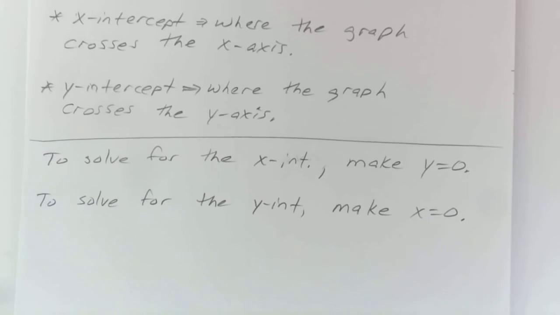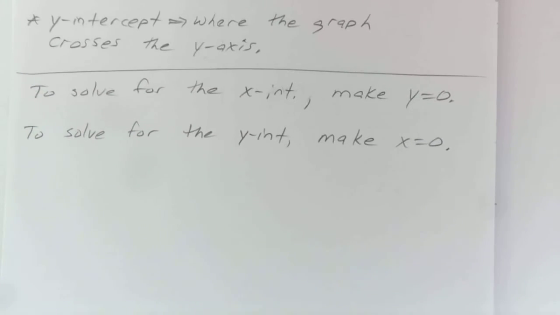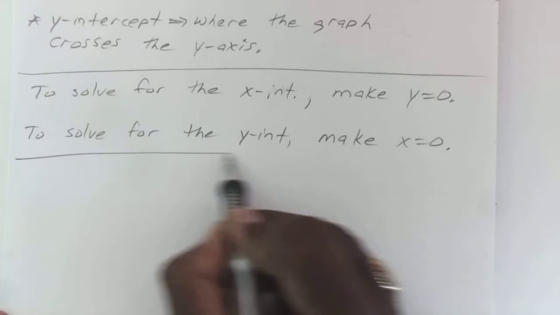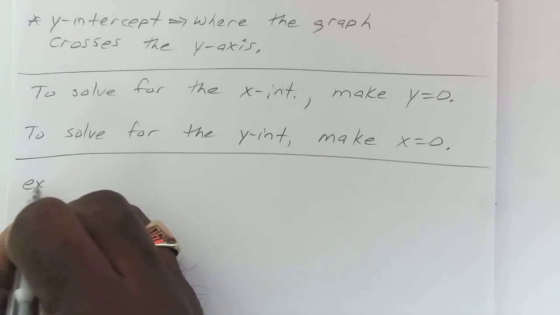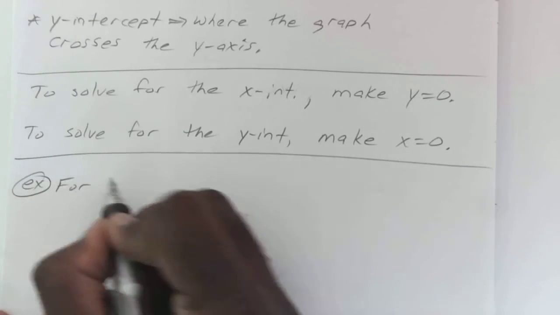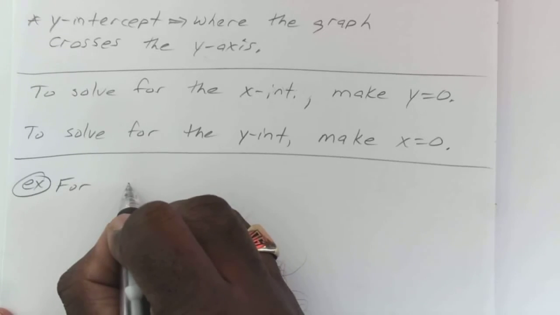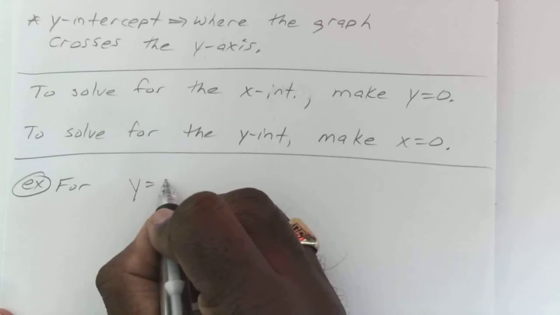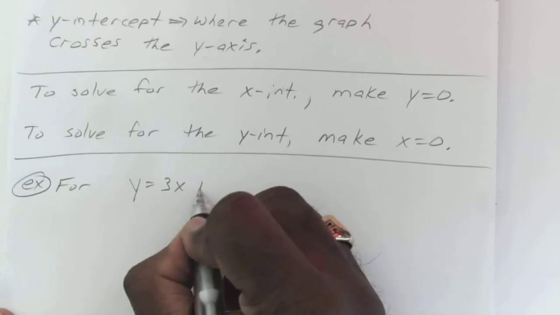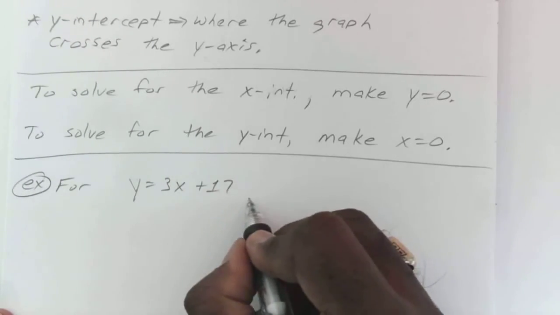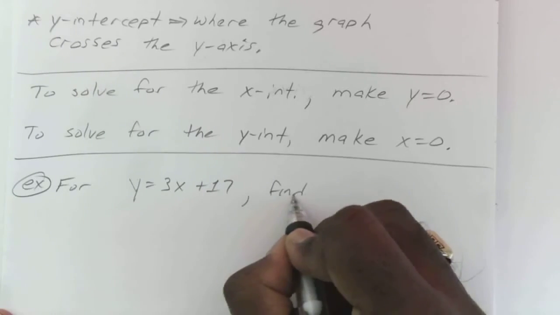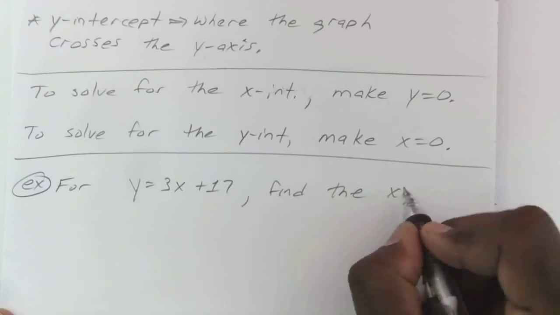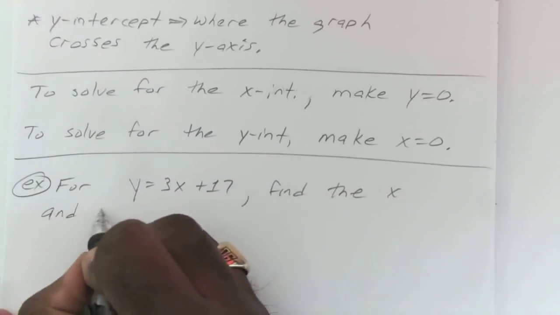Okay, so let's say, for example, y equals 3x plus 17. Find the x and y intercepts.